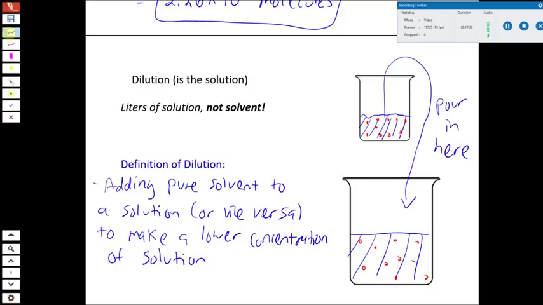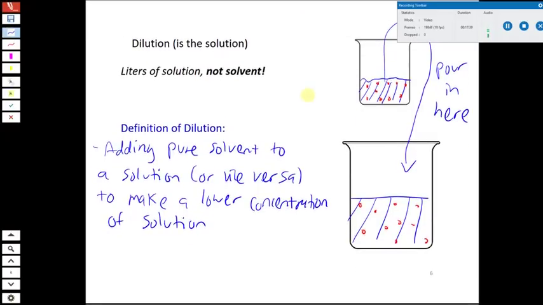So if we compare the two, in a sort of relative sense, we have this solution up here that we're starting with has a larger molarity but a smaller volume, and the solution that we end up with has a smaller molarity in a relative sense but a larger volume. Okay?